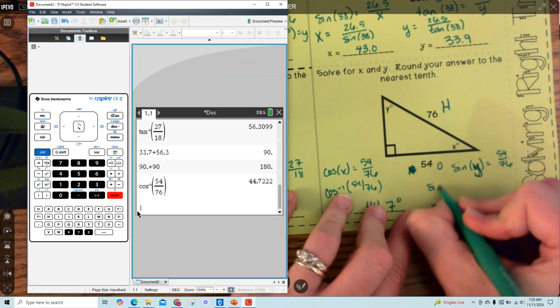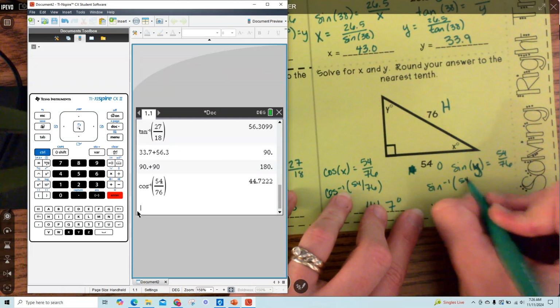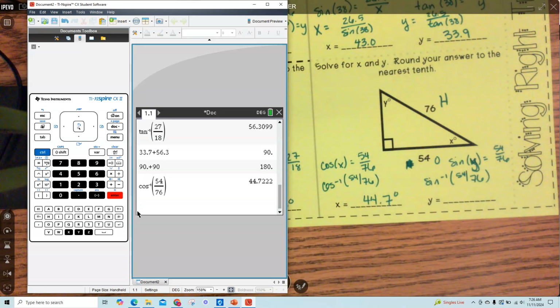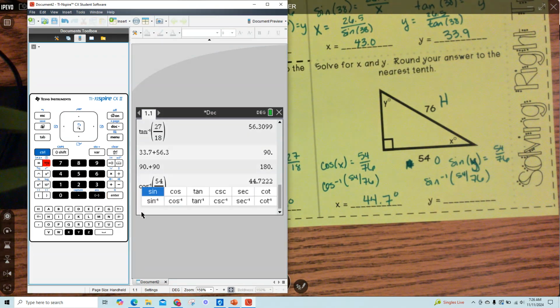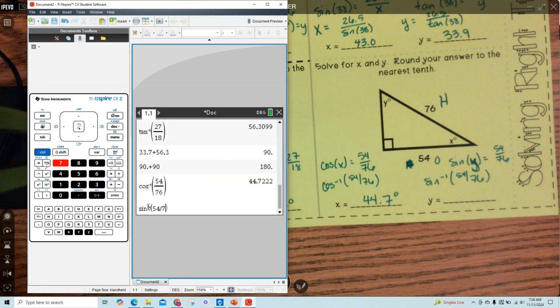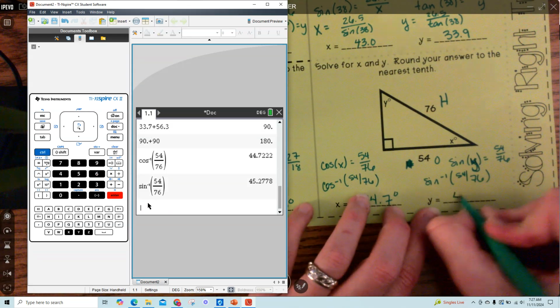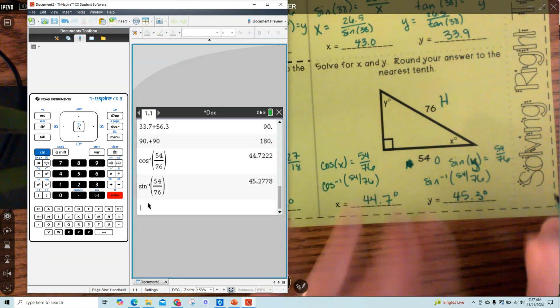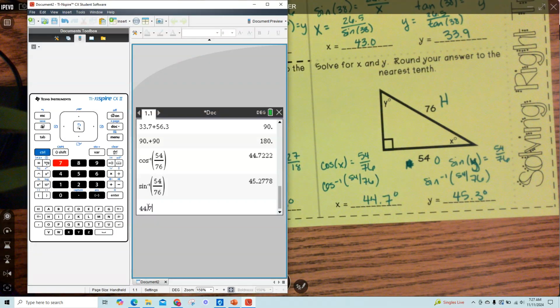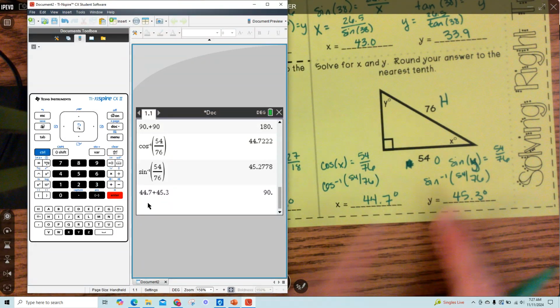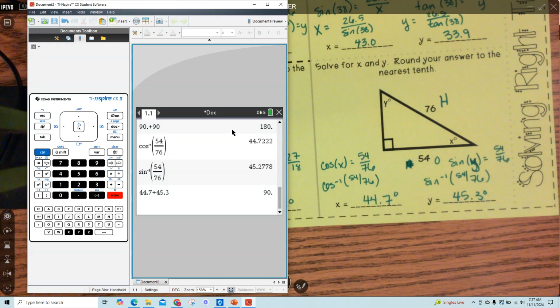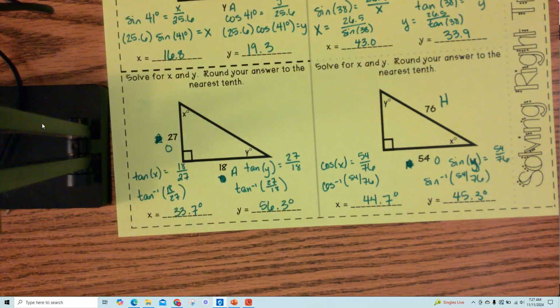So we could do the inverse of sine, over 76. Gives me 45.3 degrees. Again, if I do my check, I get the 90. Those two should add up to 90. So that's it for this set of notes.